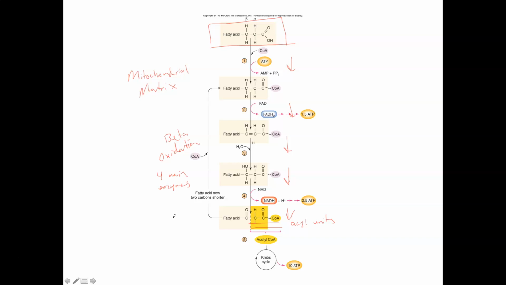So if we look at this process inside the mitochondrial matrix, what do we actually see taking place? In this first reaction, we actually see us using ATP. So we're actually going to use 1 ATP in the first part of this process. So that's actually a loss of energy, but we're going to get energy back as we go through this.